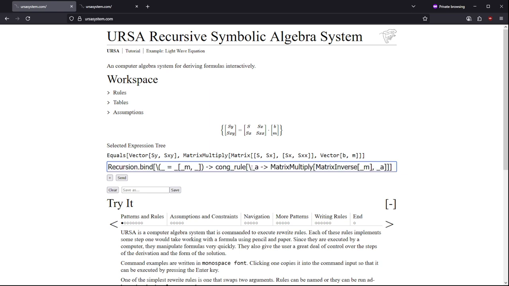So for each side of the equation, it's going to take that value on that side of the equation, and it's going to call that a, and it's going to replace it with matrix multiply of matrix inverse of m with a, where m is this matrix that we matched.